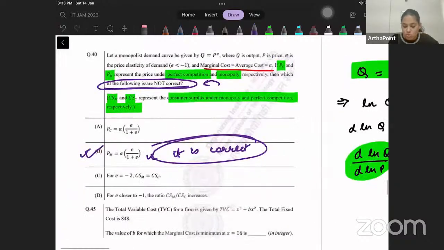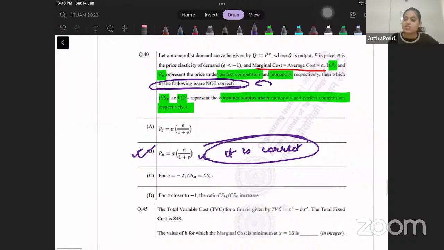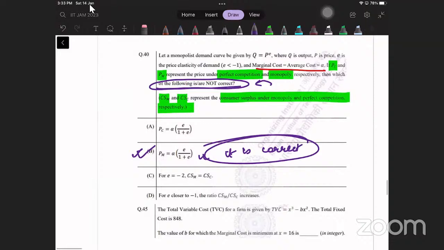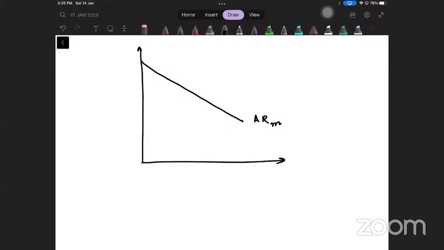and they're asking which statements say the two consumer surpluses are equal. Now let me explain the concept of consumer surplus once. This is the AR of a monopolist.